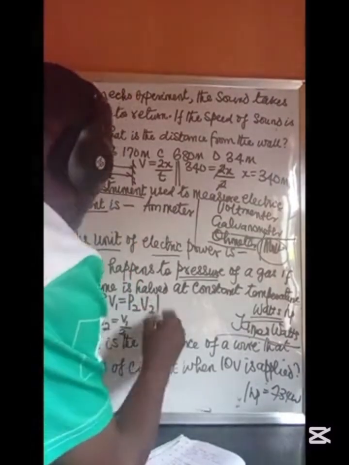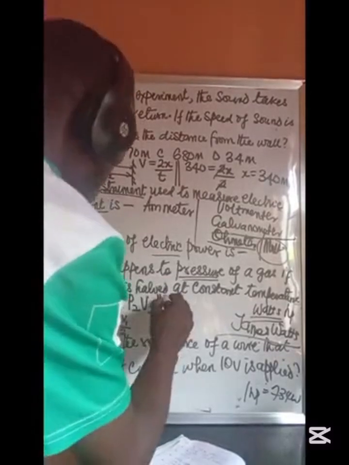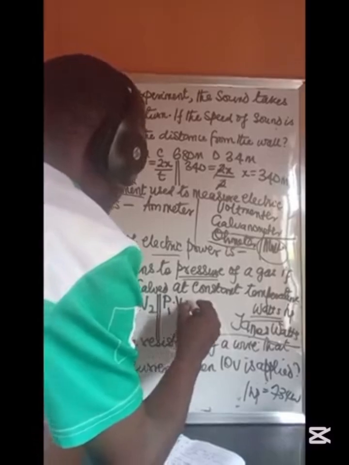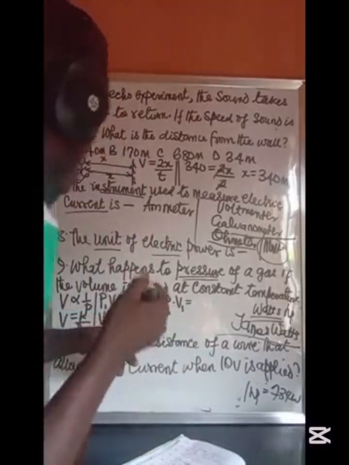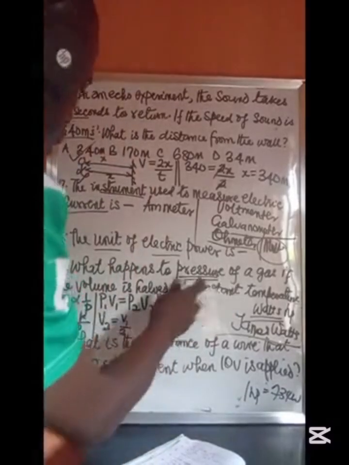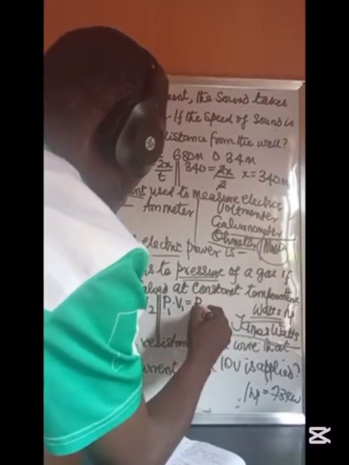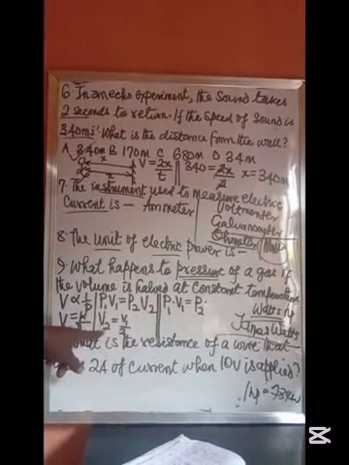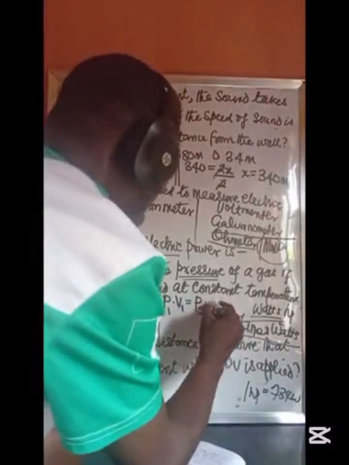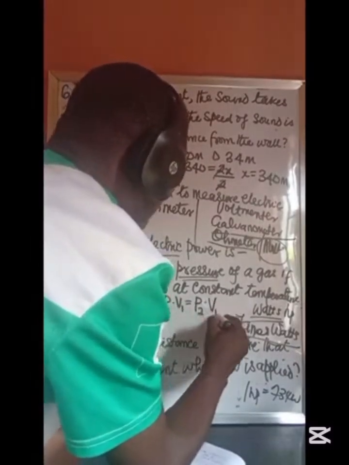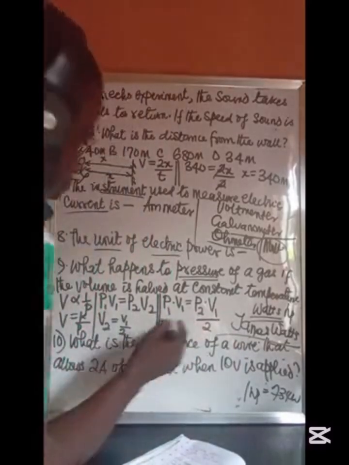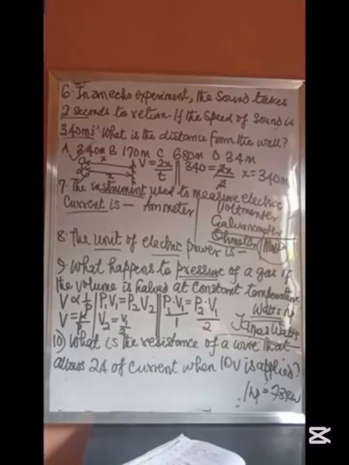So in that case, P1 times V1 equals P2 times V2, now V2 is V1 over 2. So we're looking for the pressure P2. How do we get P2?